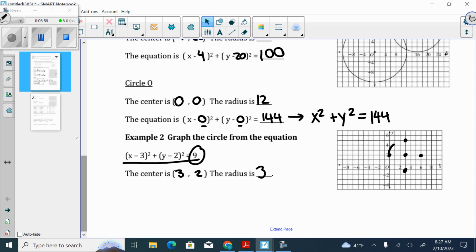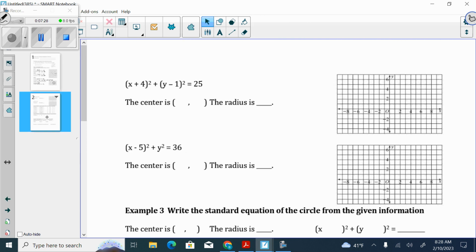And then I'll just connect those points. Okay, once you have that graph, flip it over onto the back and do another one.